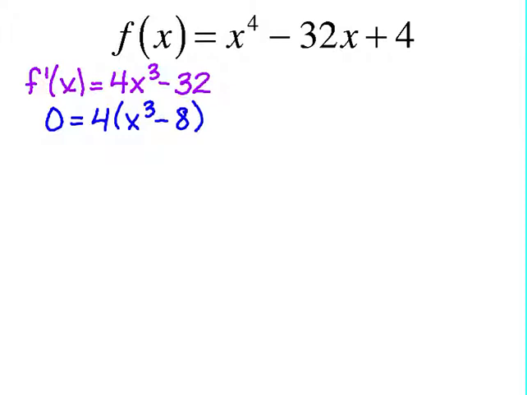So, where do you get your critical number to be? So go ahead and do your intervals for me. Set your intervals up. By the way, how many intervals are you going to have? 2.